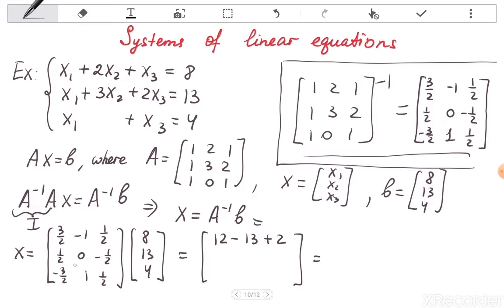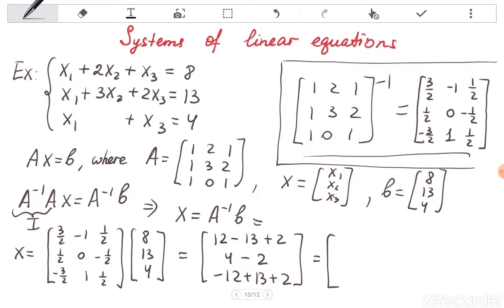Now this times this will get 4, and in fact, 1 over 2 times 8 is 4, 0 times 13 is 0, minus 4 times 1 over 2 is 2. And the third term of this vector will be minus 3 over 2 times 8, which is minus 12, plus 13 and plus 2.